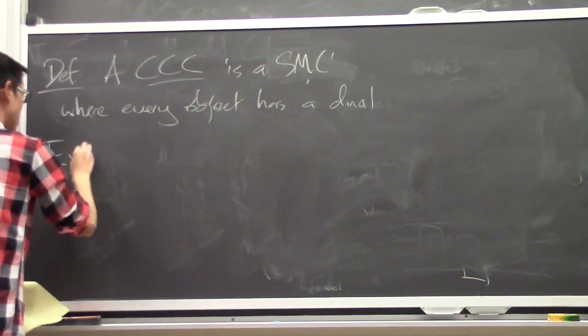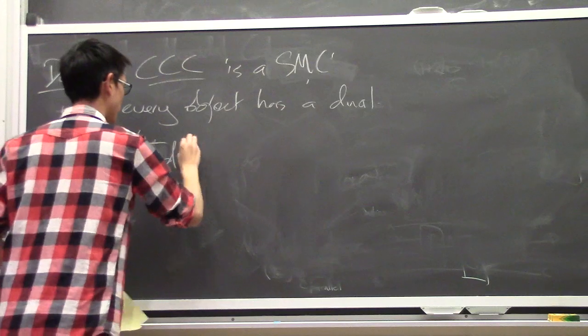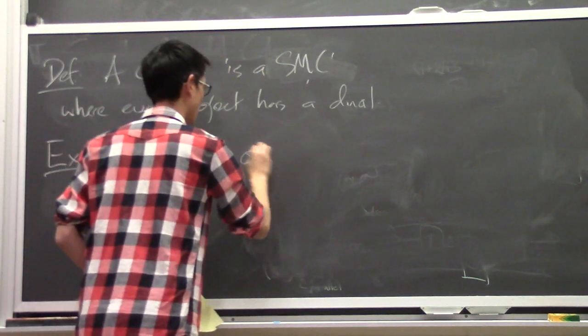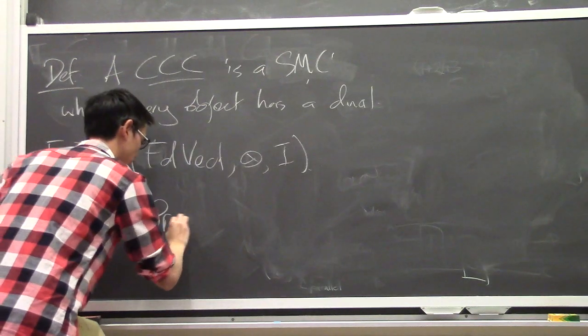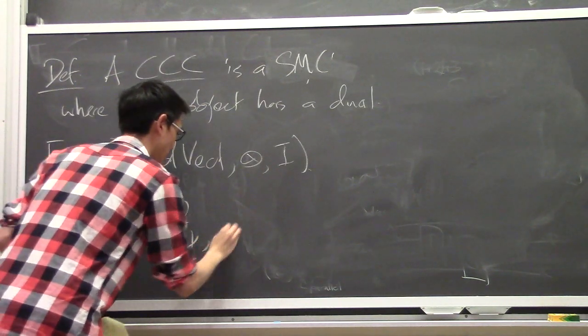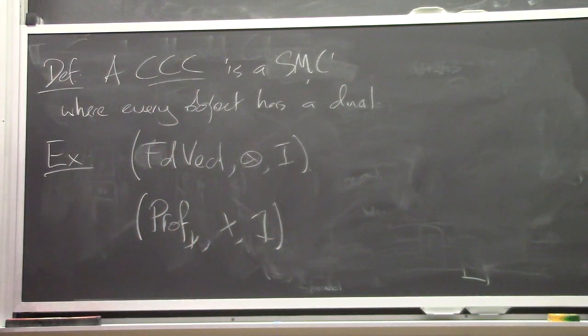So for example, there's the category of finite dimensional vector spaces over R. But there's also the category of profunctors, and this is the example that's relevant to us.